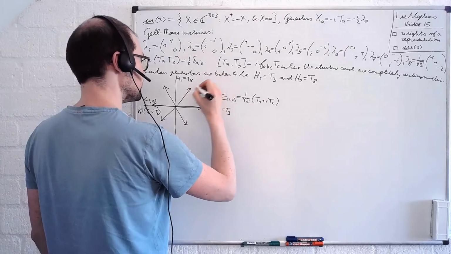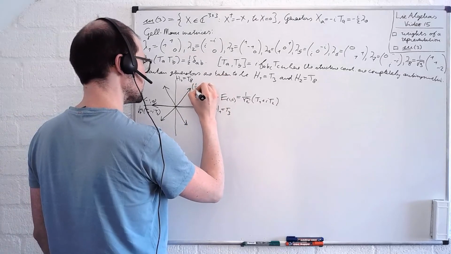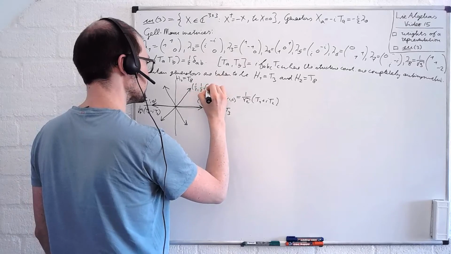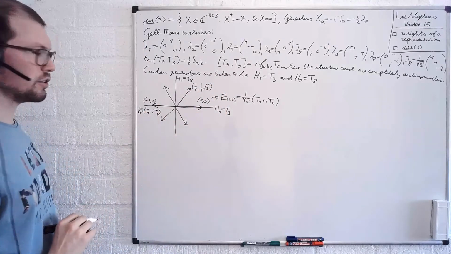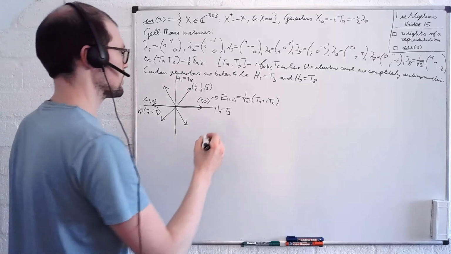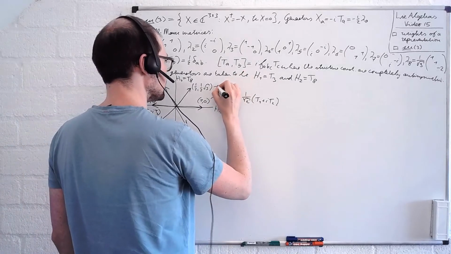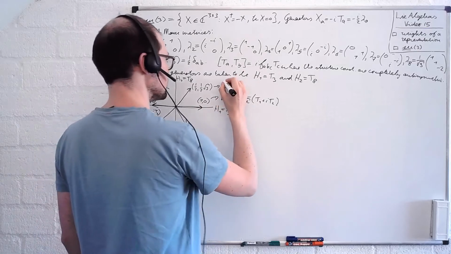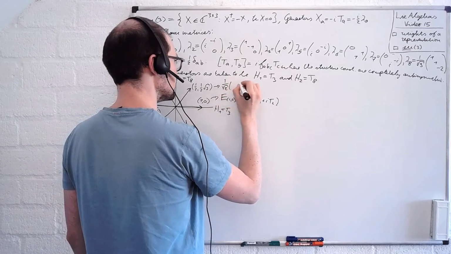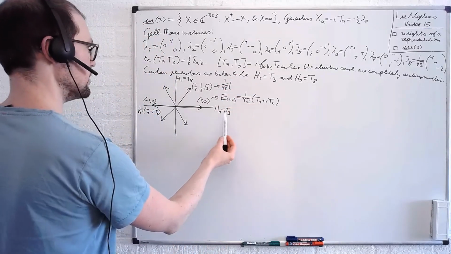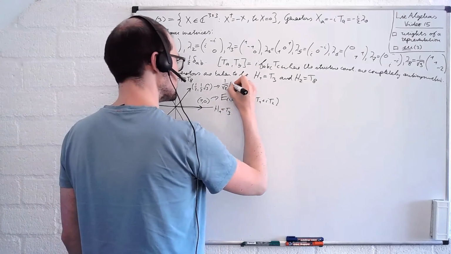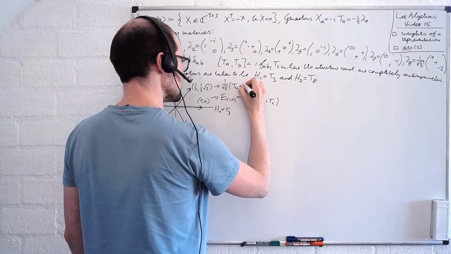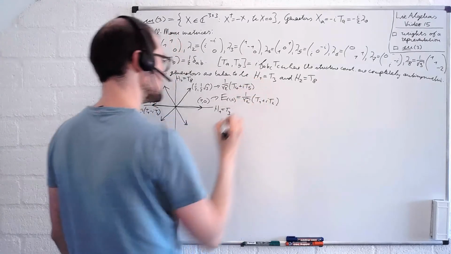Here we have the root (1/2, square root of 3 over 2). These roots are all normalized to length 1. They correspond to the generator 1 over square root 2. T1, T2, and T3 are used now, so then we have T4 plus i T5.